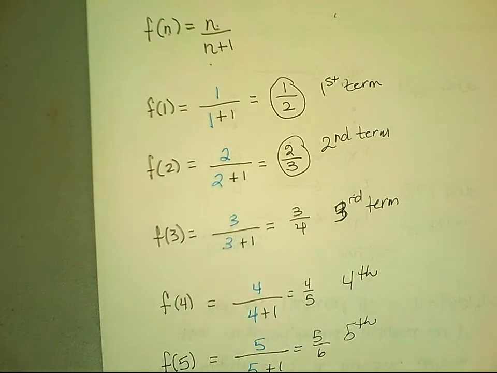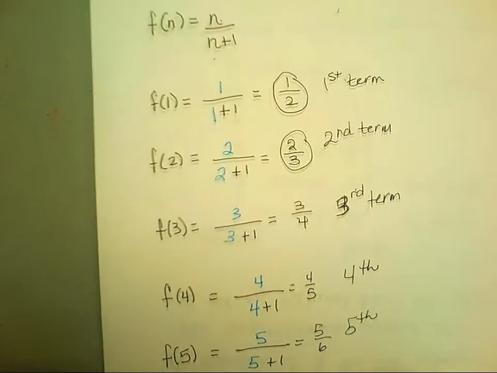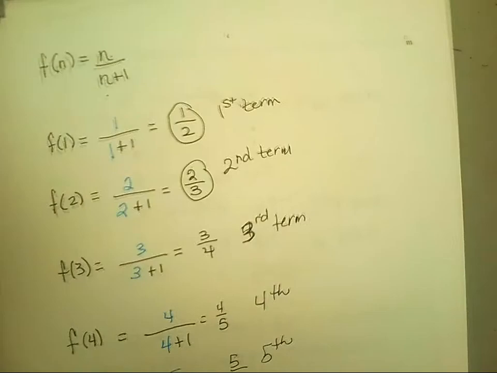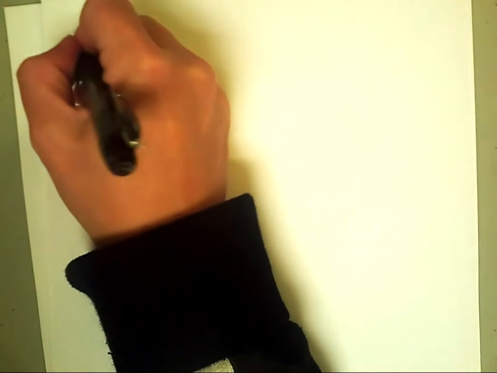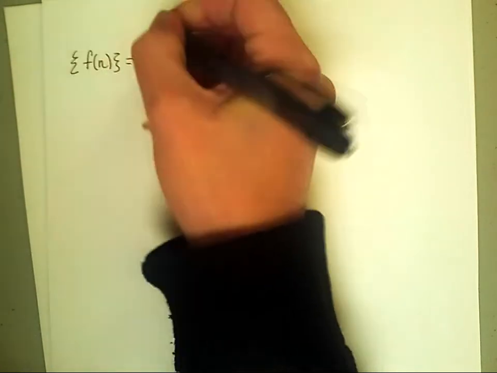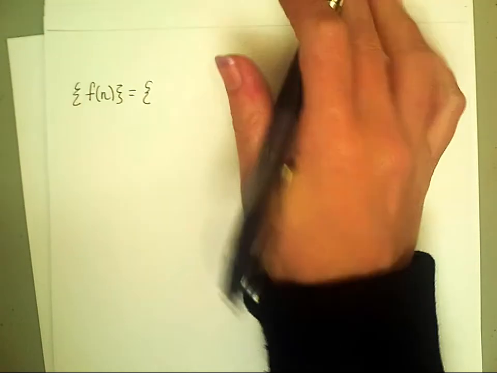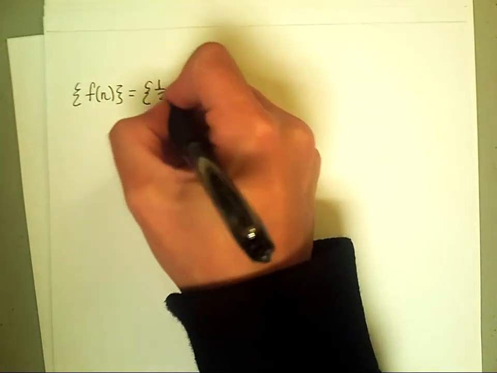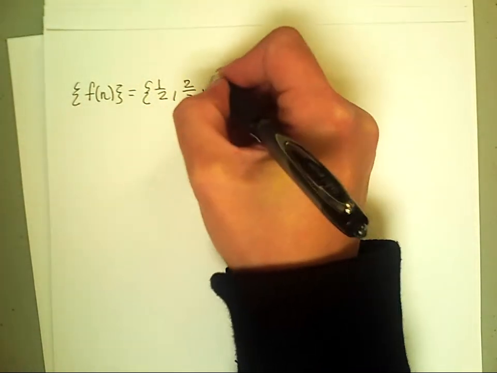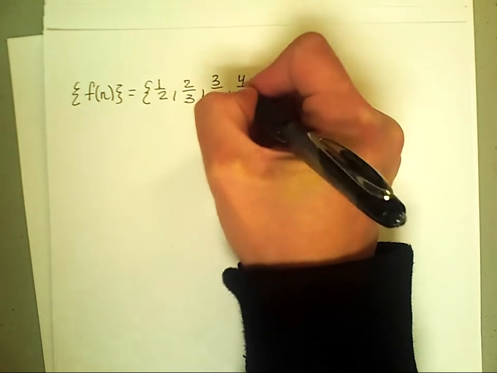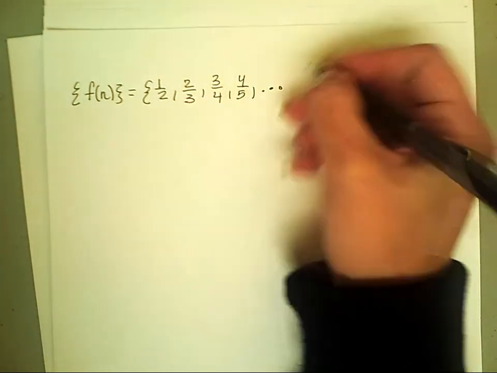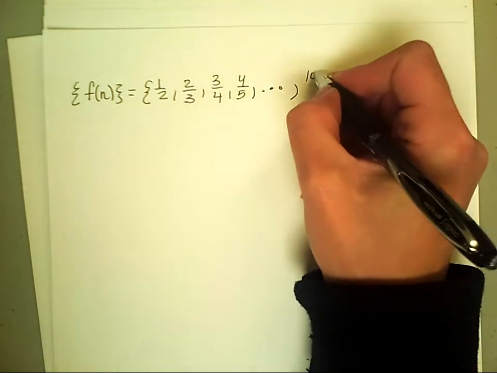Now, we could write that in a different way. We could write this using our sequence notation. That is, the sequence that f of n generates is the set of 1/2, 2/3, 3/4, 4/5, etc., etc., etc. We found the 100th term.